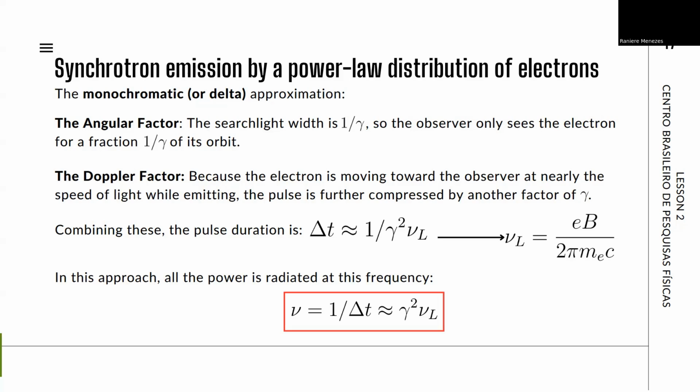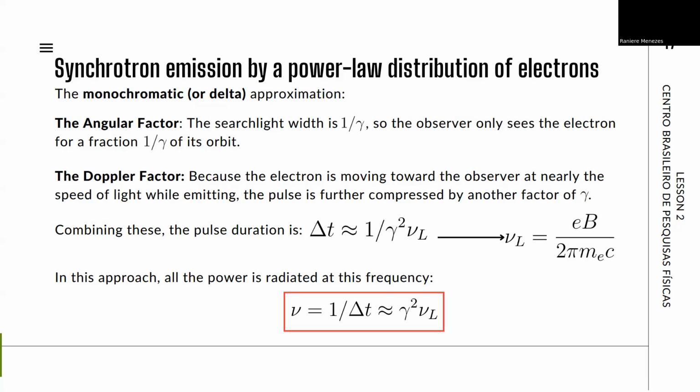And if we assume that our dt is the time interval between two crests, the maximums of a wave, this approach gives us that 1 over t is our frequency.